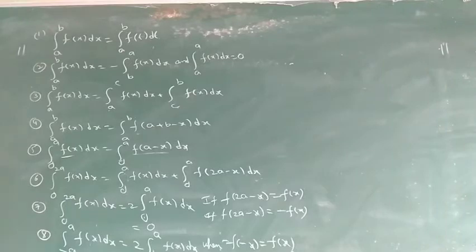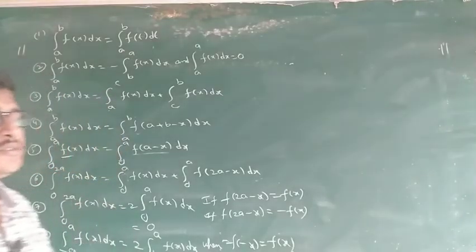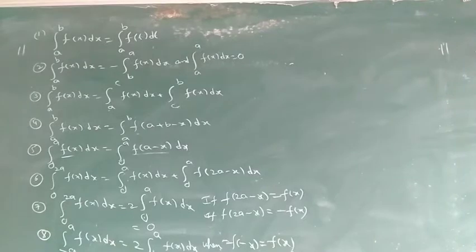Properties. These are important properties. They come 100% in our examination, as a 6 marks question. Here the very important ones are 4, 5, 7, 8. These 4 are very important.